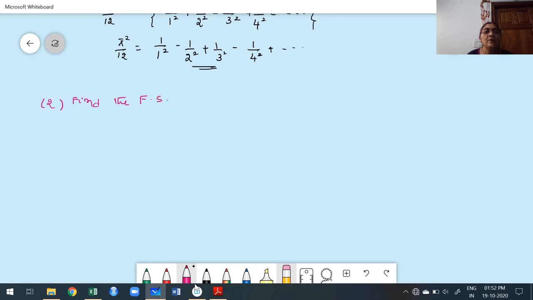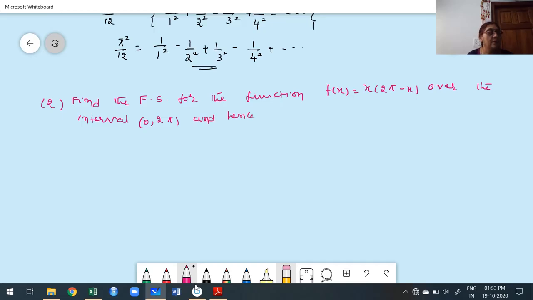I'm going to write f.s. Don't confuse it, Fourier series for the function f of x equals x into 2 pi minus x over the interval 0, 2 pi, and hence deduce that pi square by 12 equals summation, n ranging from 1 to infinity, minus 1 to the power of n plus 1 divided by n square.